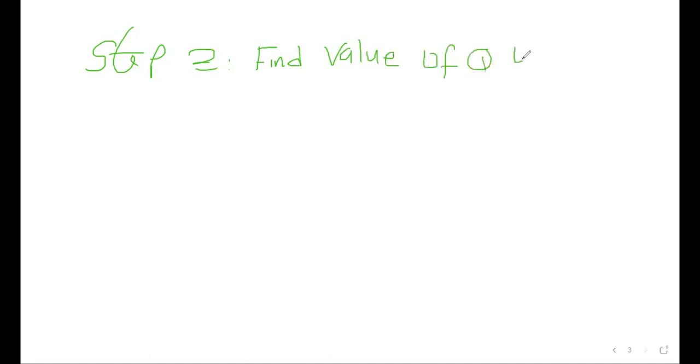Step 3: find the value of Q to give us the smallest total material cost.